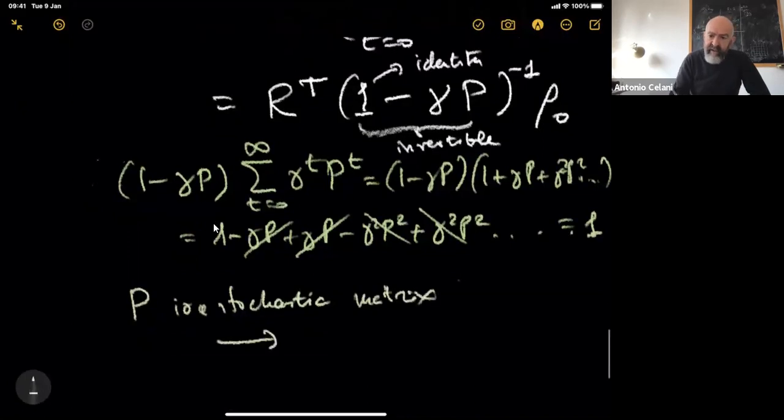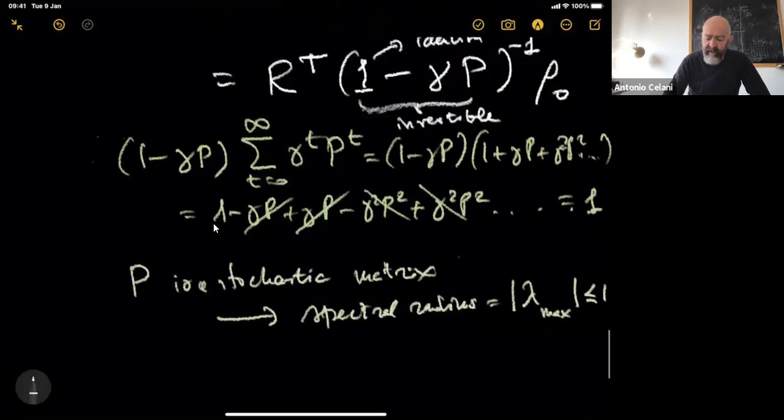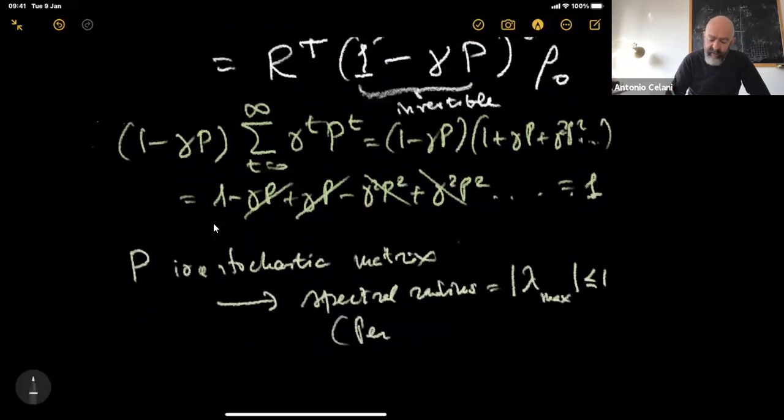This means that the spectral radius, which is a fancy name for the modulus of the largest eigenvalue of P, is smaller or equal to 1. This is a small part of a bigger theorem, which is called the Perron-Frobenius. Okay, it's linear algebra.